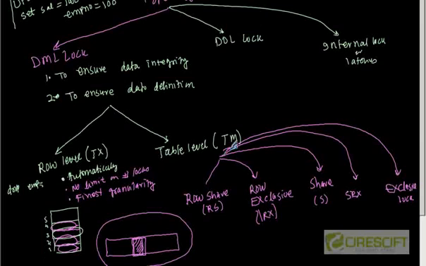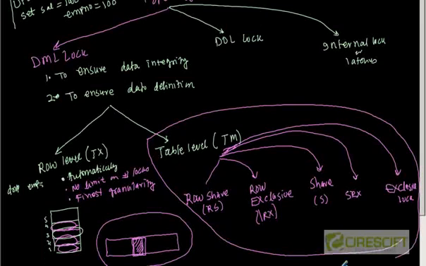So the table locks are divided into 5 different types. Depending on the type of statement, we are going to have different types of locks. In the next slide, we are going to concentrate only on the table level locks.